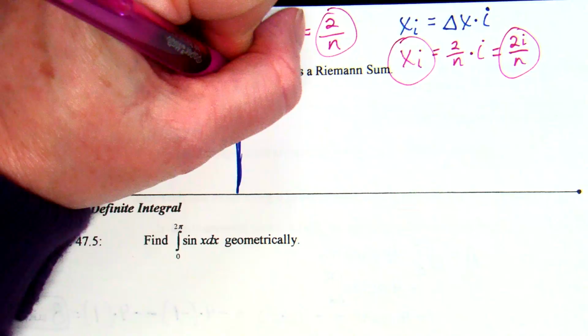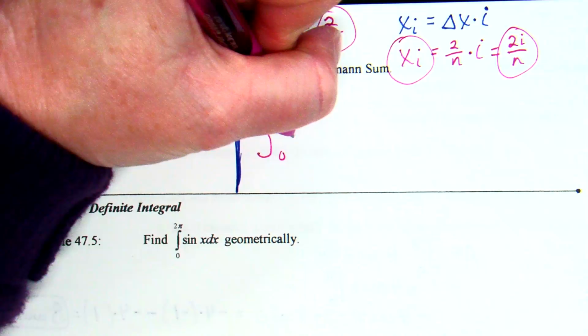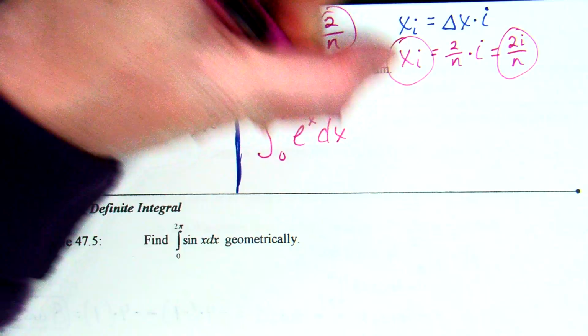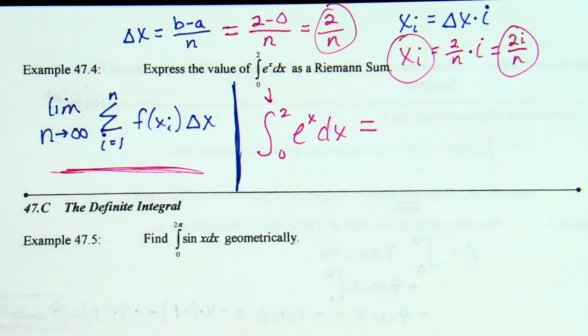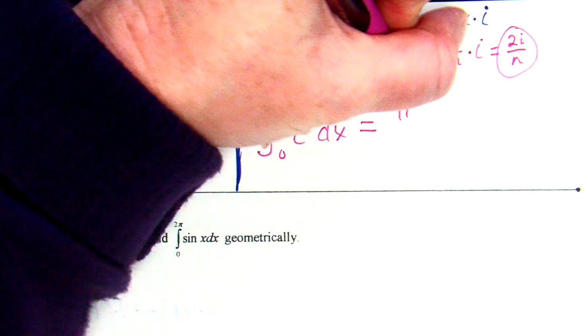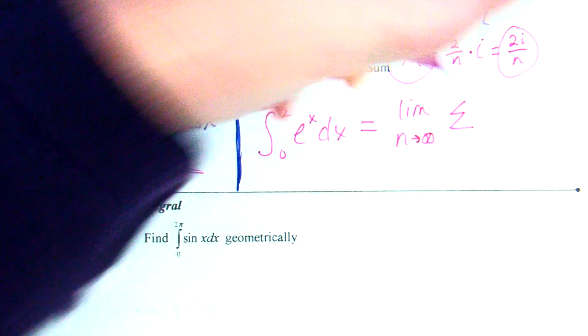With that given information, we're trying to express this integral from 0 to 2 of e to the x dx as a Riemann sum. So for the Riemann sum, we're going for this form over here. It's always going to start off with the limit as n approaches infinity, then the summation.